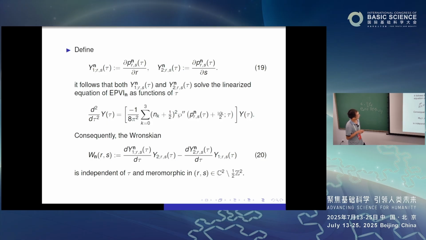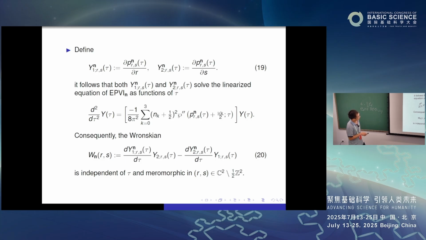Now we take the solution of the Painleve VI equation and take derivatives with respect to the two parameters r and s, call them y1 and y2. Then these two functions solve the linearized equation of the elliptic Painleve VI equation.